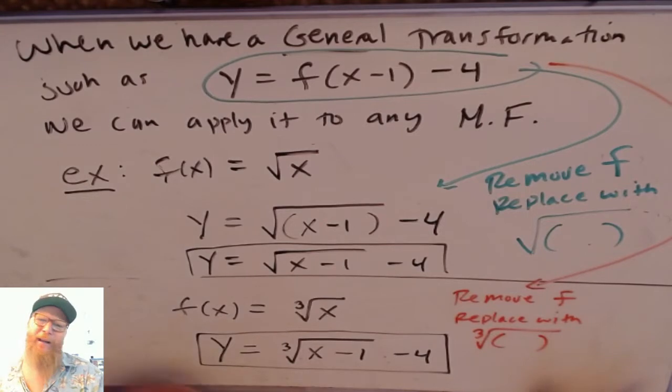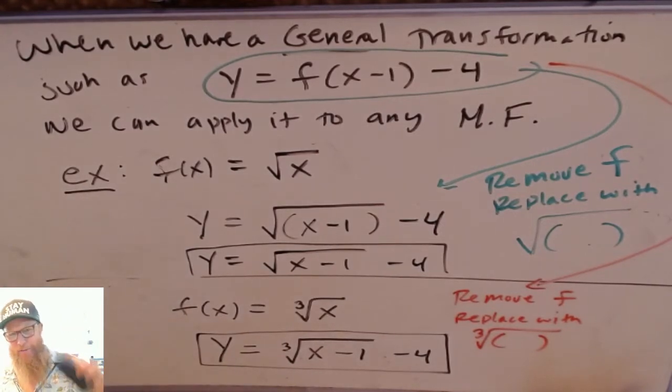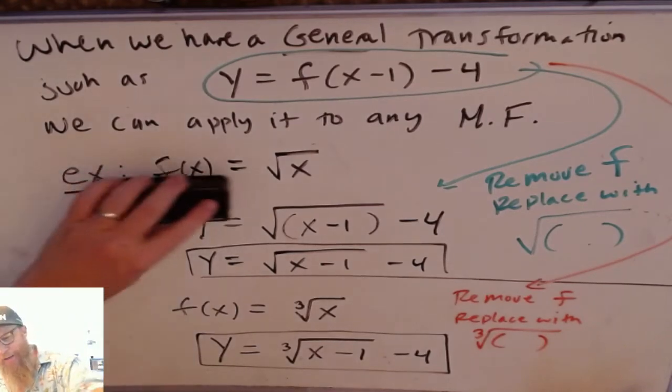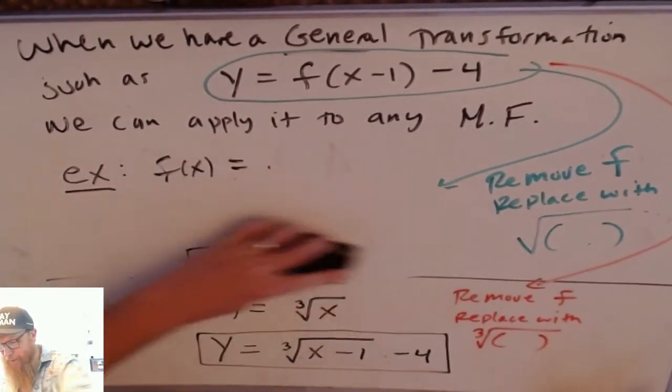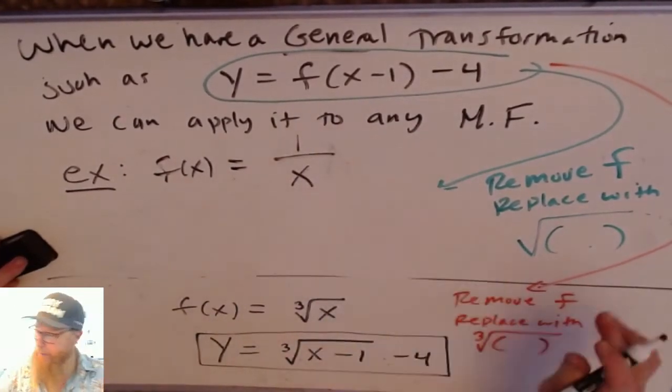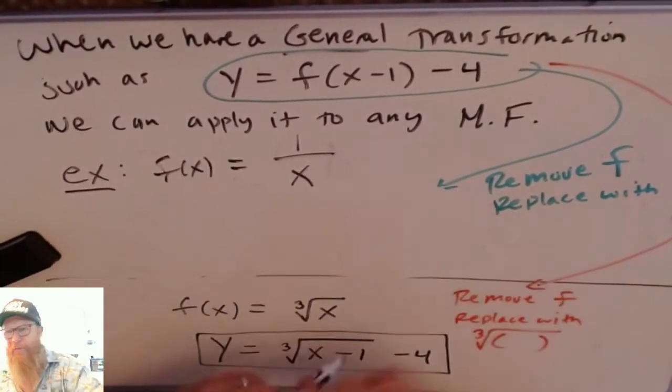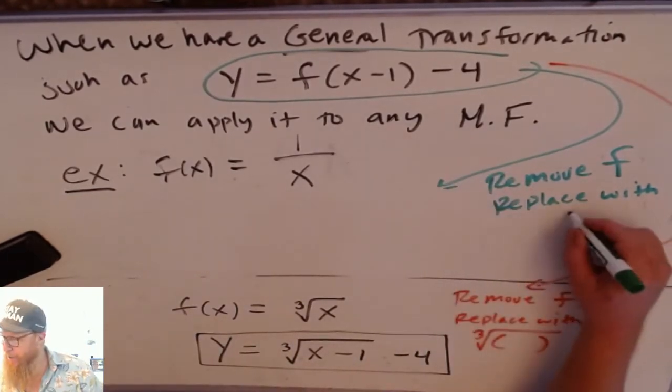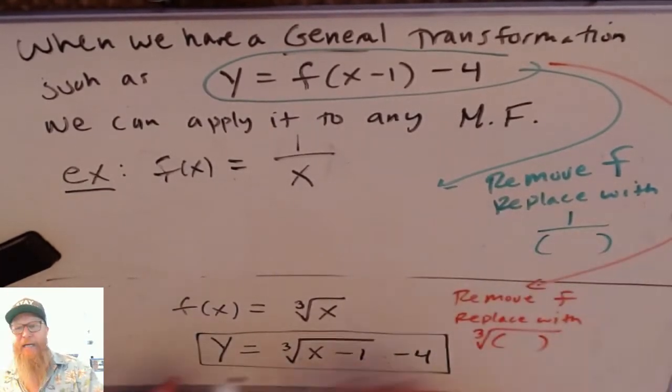Okay. And I said I was going to go through all of them, so we might as well. I think there's one more, right? So we did absolute value, we did quadratic, cubic, square root, cube root. The last one would be reciprocal. So remove f and replace with 1 over blank.